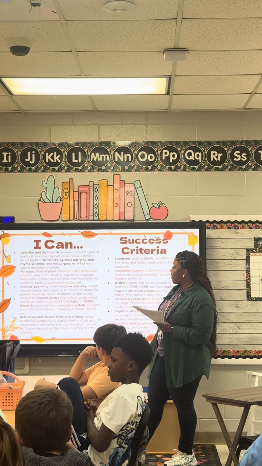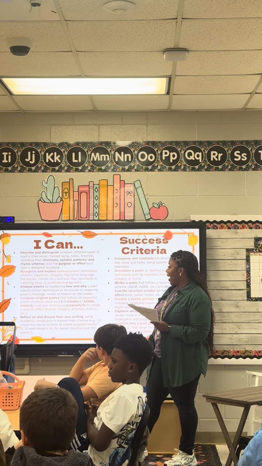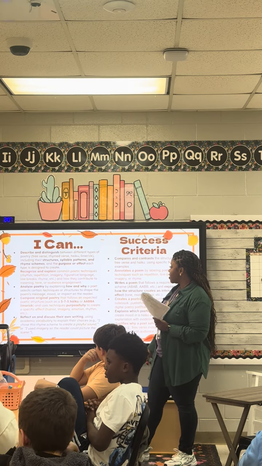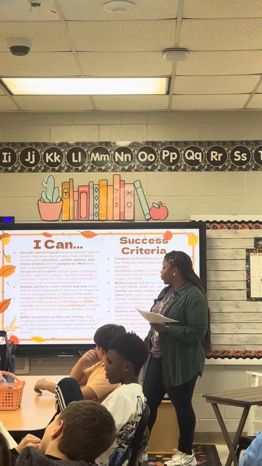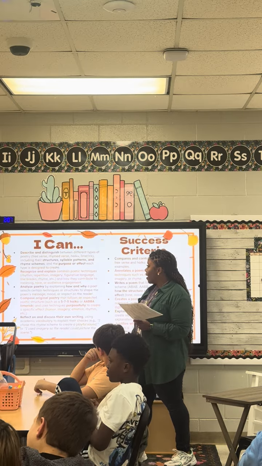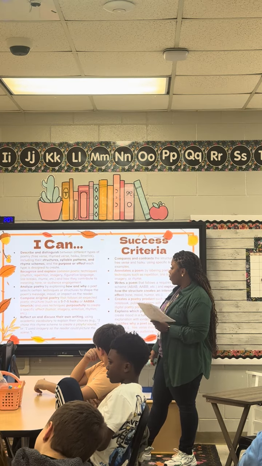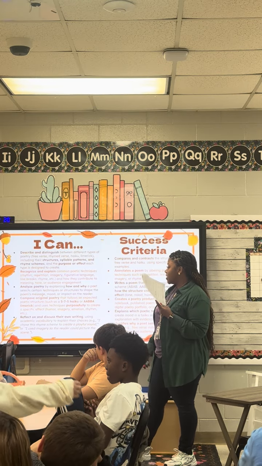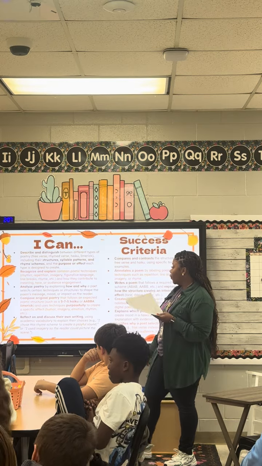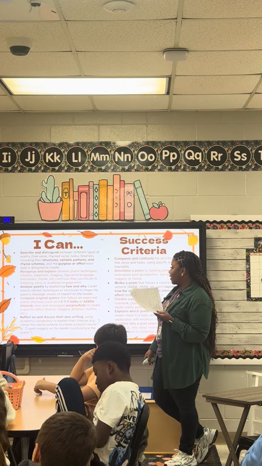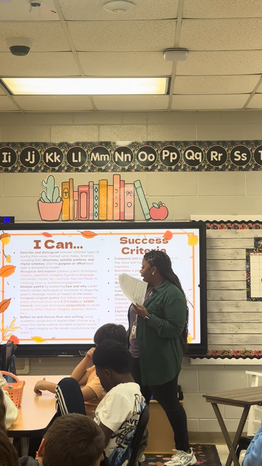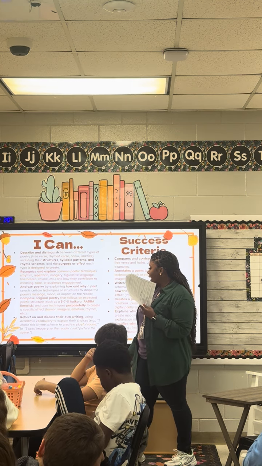I can analyze poetry by explaining the how and the why. A poet selects certain types of structures to shape the poem's message, mood, or impact on the reader. I can compose original poetry that follows an expected poetic structure, such as 5-7-5 for haiku or AABBA limerick, and use techniques purposefully. And I can reflect on and discuss my own writing.